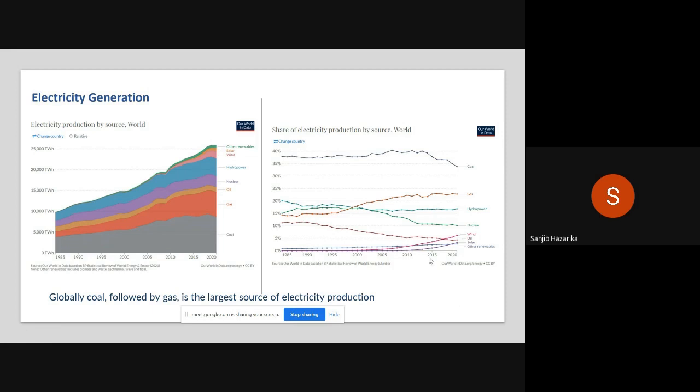The US used to have a large fleet of coal-based steam power plants, but that percentage has reduced significantly in the last 20 years, and a lot of coal-based power plants have been replaced by gas-based power plants in the US. But still we can say coal is the dominant factor in overall electricity generation.